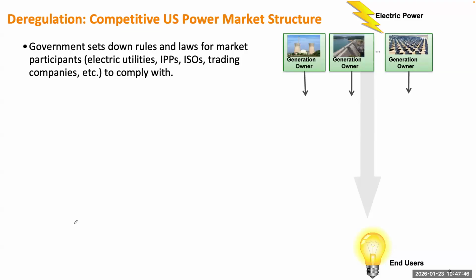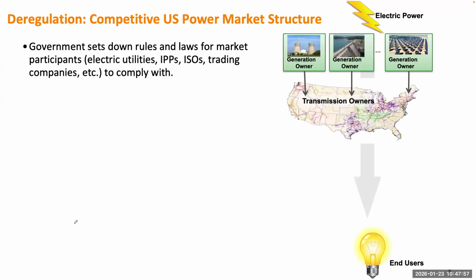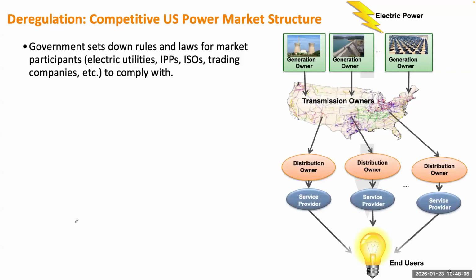So let's assume we have some generation owners. Some companies own a nuclear power plant, some own a hydro power plant, some a solar farm. And there could be another company who owns the transmission. The generator needs to be connected to the transmission system owned by a different company.